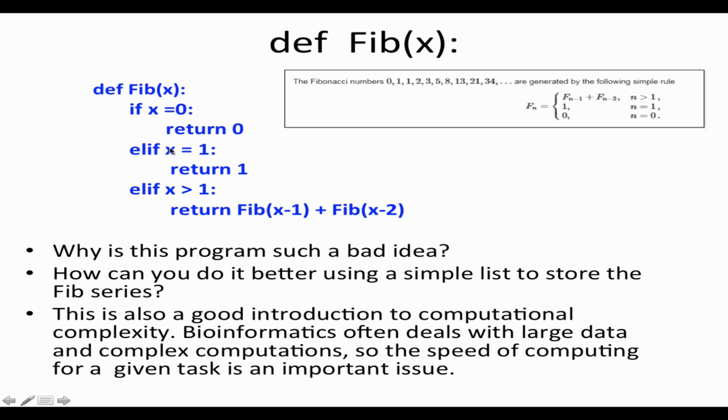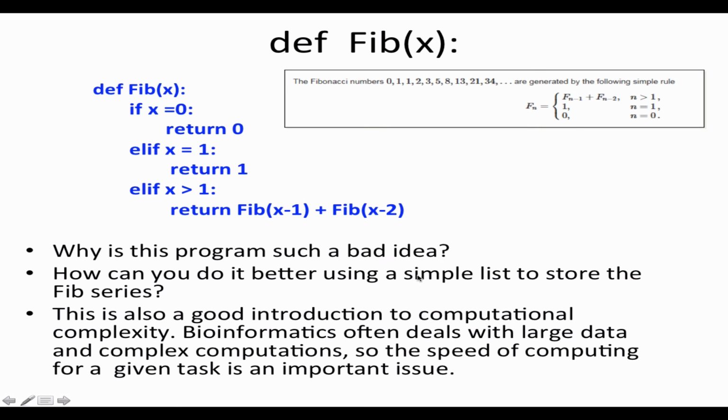Else, so if x is not 0 or 1, else if x is greater than 1, return fib of x minus 1 plus fib of x minus 2, right? A perfect example of recursion.